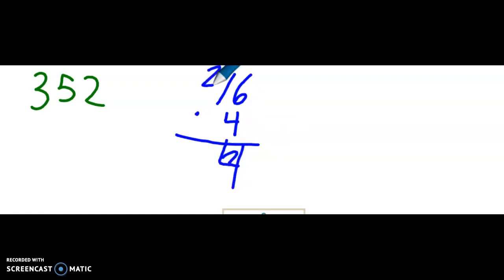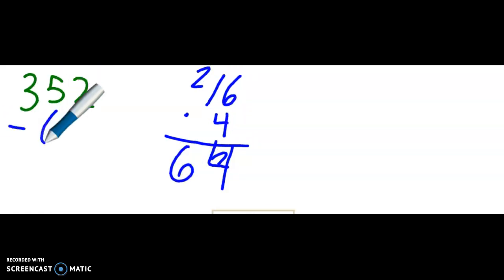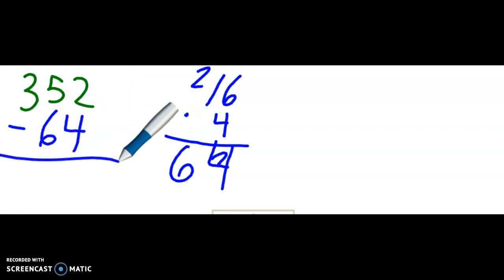And 4 times 1 is 4, plus 2 is 6, so 64. Now I have to subtract my 64 from my 352, and that will give me my total area minus the portion of the wood that is not considered glass.